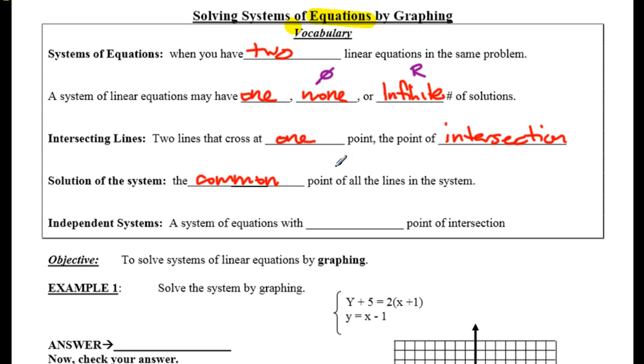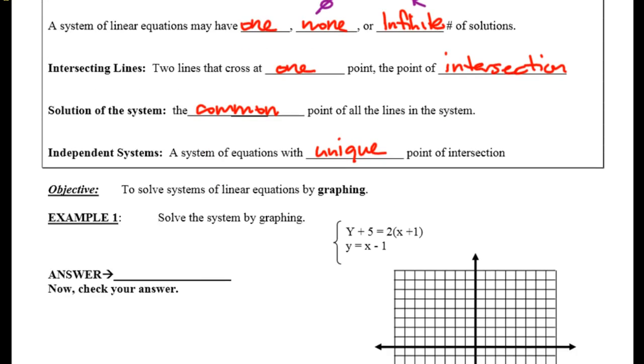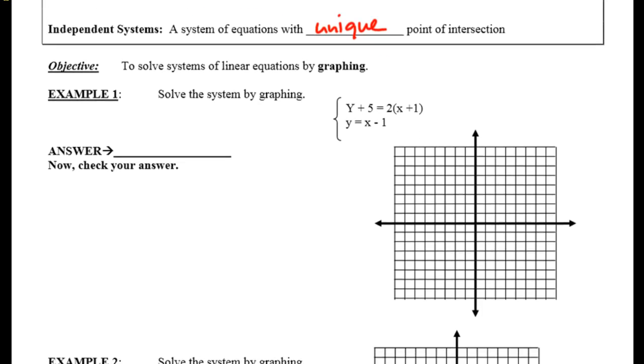Alright, because there's two lines where they cross, that common point is the solution. Alright, and the independent systems, what that is a system of equations with a unique point of intersection. Okay? Alright, so our objective here is to solve the systems of linear equations by graphing.